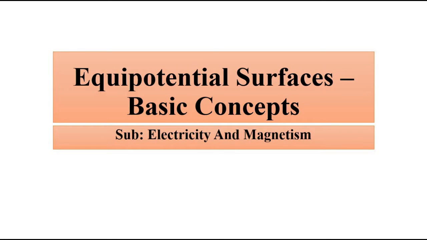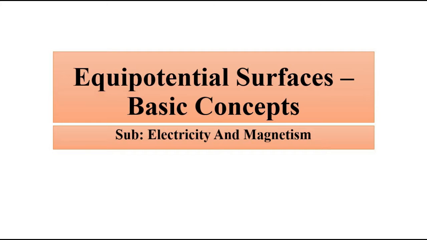So we'll continue our discussion related to electricity and magnetism, and so far we have discussed electric field intensity, basic concepts related to that, electric potential, potential difference, and all the related concepts. So in this video we are going to discuss another important concept related to electric potential or potential difference, which is equipotential surfaces.